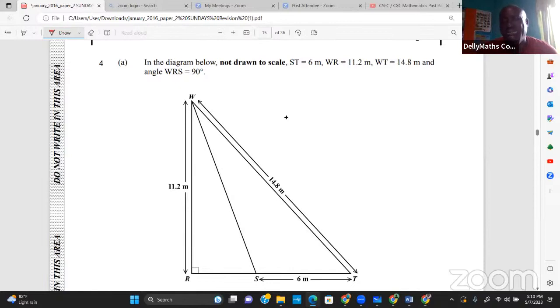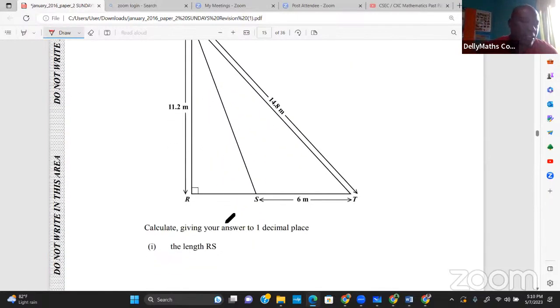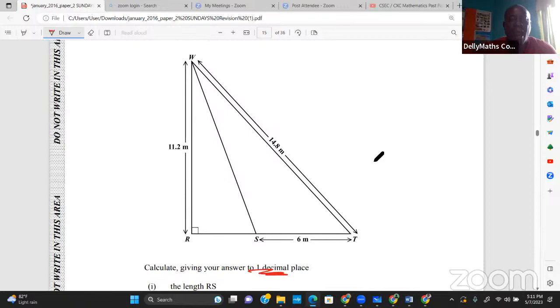And angle WRS is 90. All right. We're seeing the information there. Calculate, giving your answer to one decimal place, RS. So they want us to find RS. Now, they want you to find just this right here.